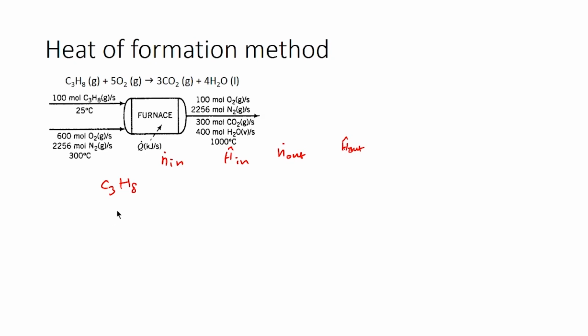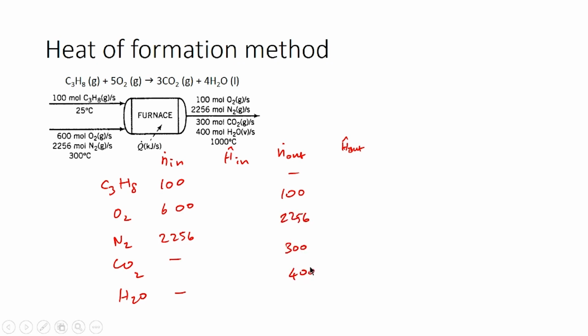So, you have propane, oxygen, nitrogen, carbon dioxide and water. So, in propane you have 100 moles coming in, oxygen 600 moles coming in, and nitrogen 2256 moles coming in, and these are not coming in. You do not have any propane leaving, you have 100, 2256, 300 and 400 moles of each of these components leaving. So, now we are going to account for the temperature as well.